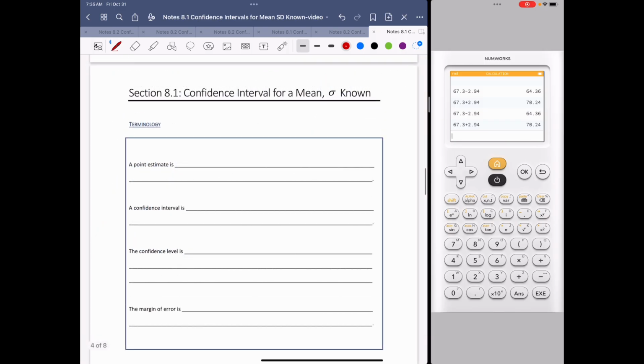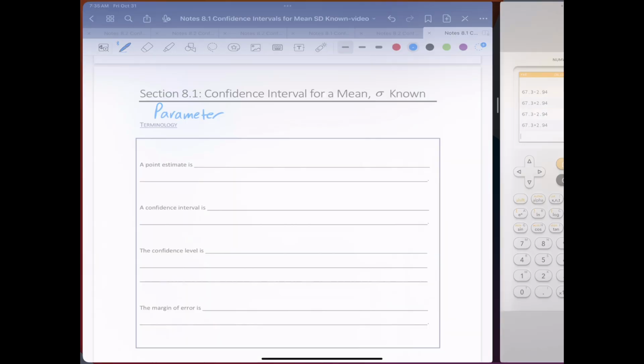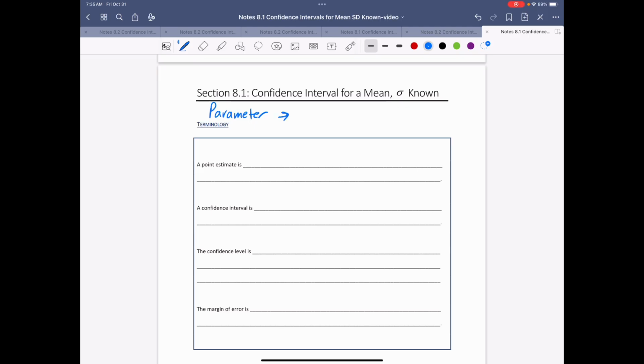Now this next page is going to be a lot of definitions. And I want to start with some definitions from our first chapter. When we have a parameter, it is coming from the population. And when we have a statistic, it is coming from the sample.